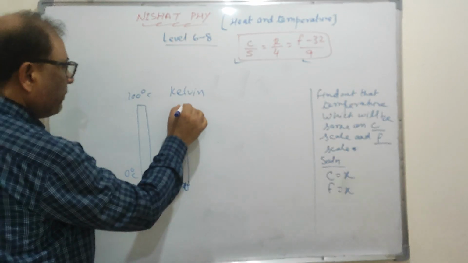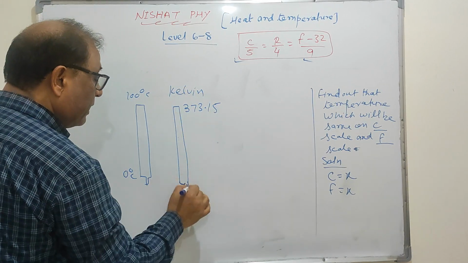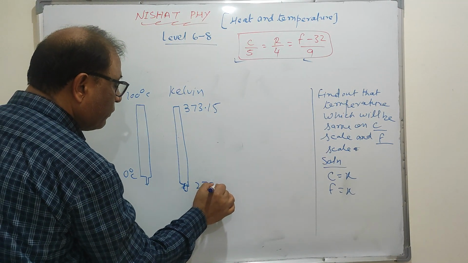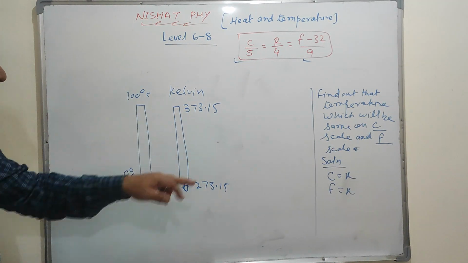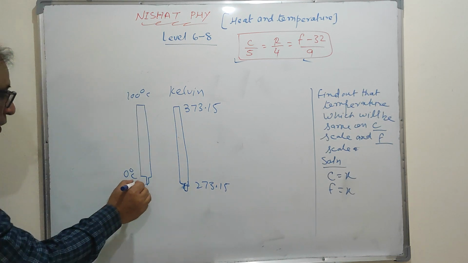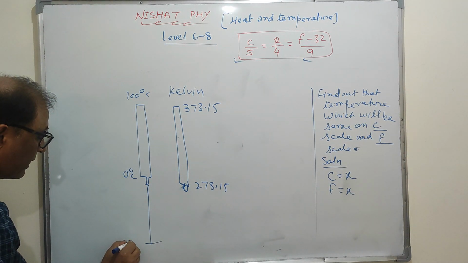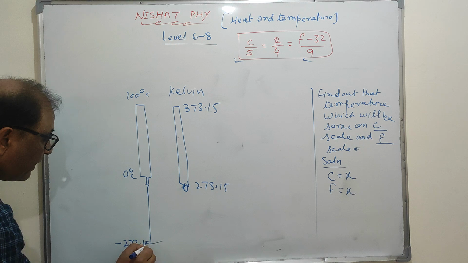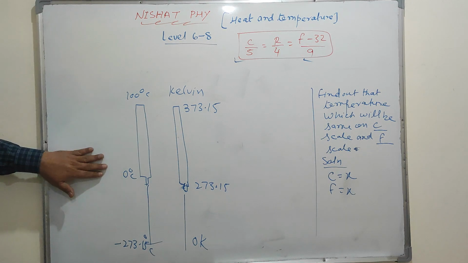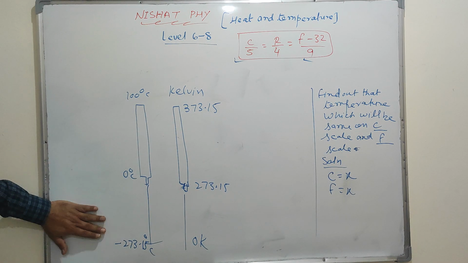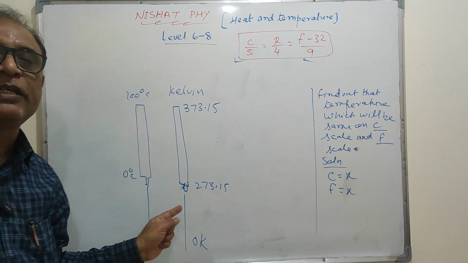For the Kelvin, the boiling point is exactly 373.15, and here 273.15. Means 100 degree C equals 373.15, and 0 degree C equals this. Now come down here. At minus 273.15 degree C, that is 0 Kelvin. Below this temperature is not possible, and that temperature is 0 Kelvin.